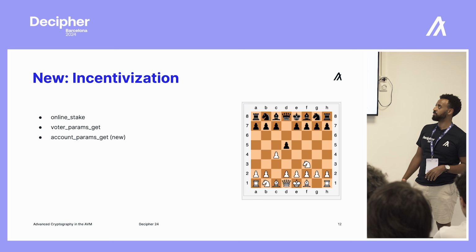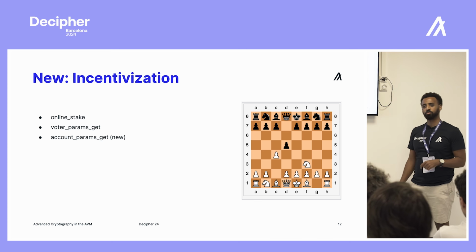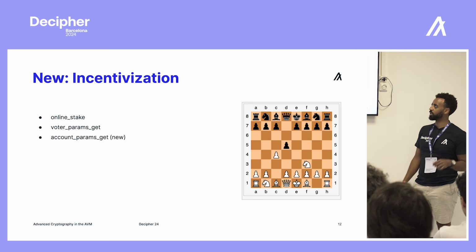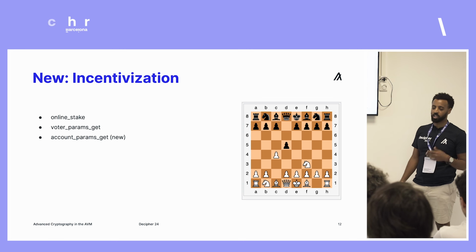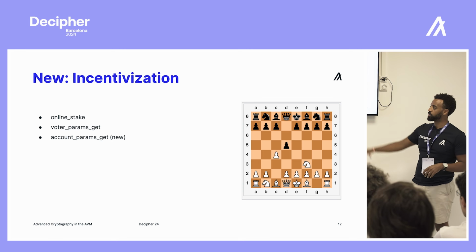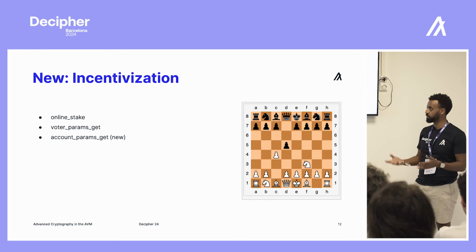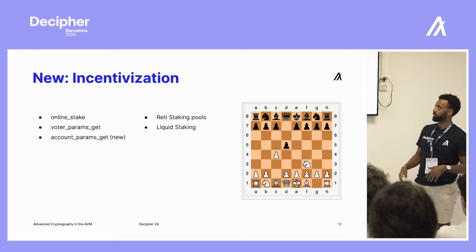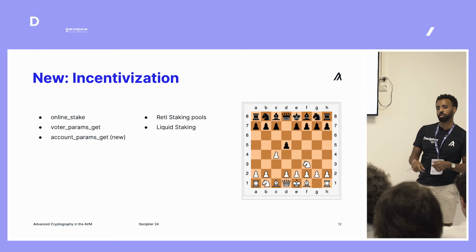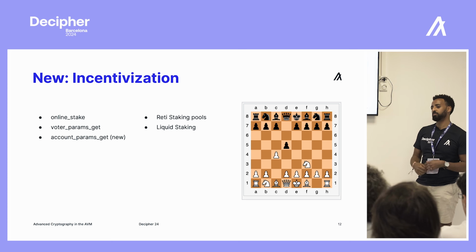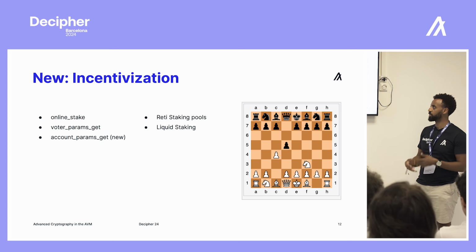Then we have these incentivization opcodes. Previously we had a talk by Transaction Labs on NFTs. Using these opcodes, as we're transitioning to incentivized nodes, you can create these so-called Reti staking pools. You're locking up your algos and getting yield on that, in return for helping out with the consensus.